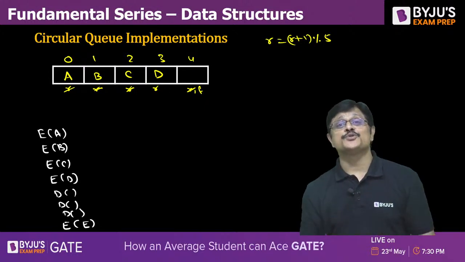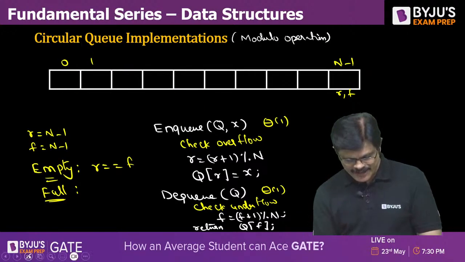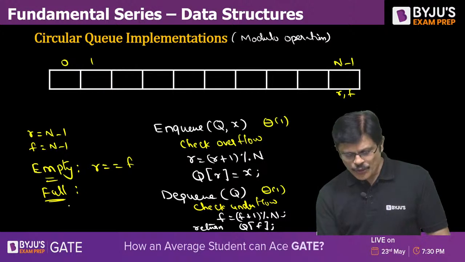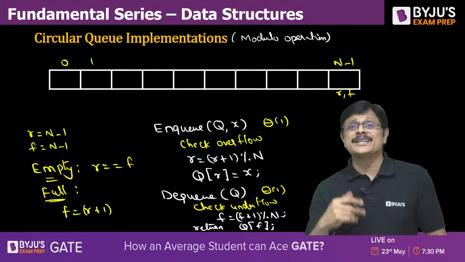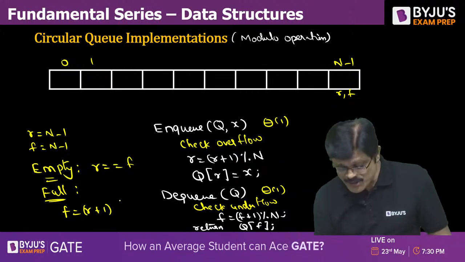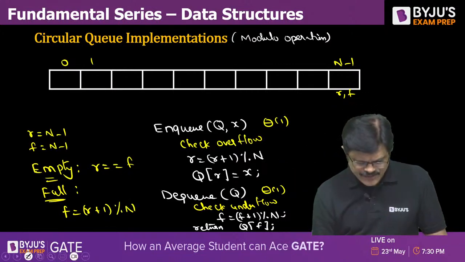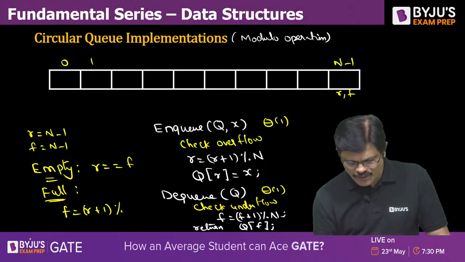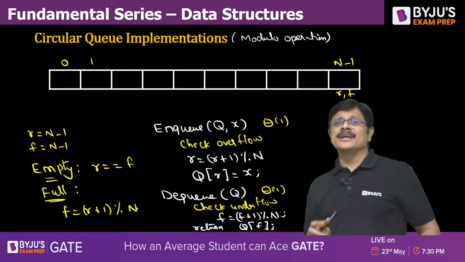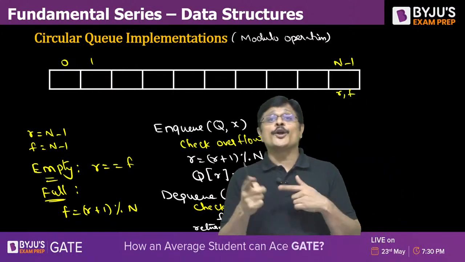Front is next to rear. Very good. So front is equal to rear plus 1, but you can't just say rear plus 1, it is a modulo operation. That also you have to remember. Always remember the modulo operation, then it is very simple. In words, what he said is absolutely correct: next position means with modulo operation.